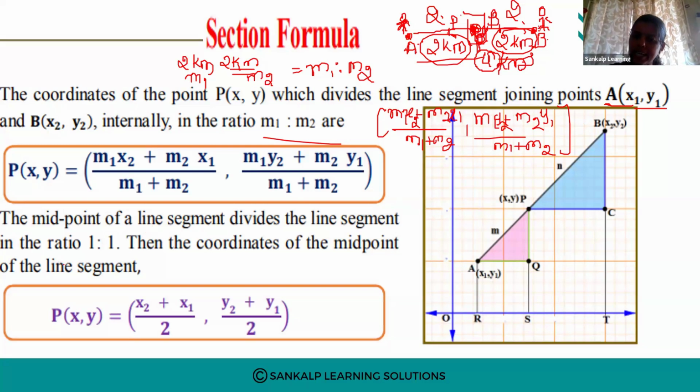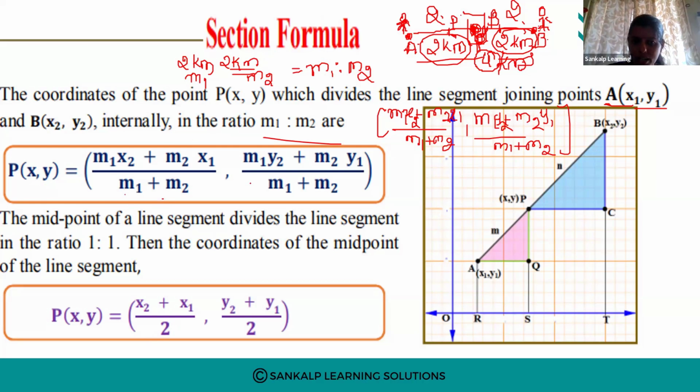The midpoint of the line segment divides the line segment in the ratio 1 is to 1. If the line is divided in the ratio 1 is to 1, then the coordinates of the midpoint of the line segment is, what you are going to get then, P of xy is equal to, here m1 is to m2 is 1 is to 1. That means m1 is 1, 1 into x2 is x2, 1 into x1 is x1, divided by 1 plus 1 is 2, right?